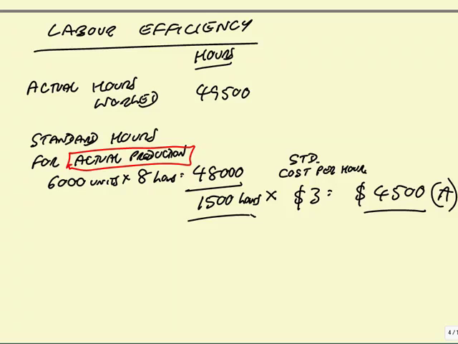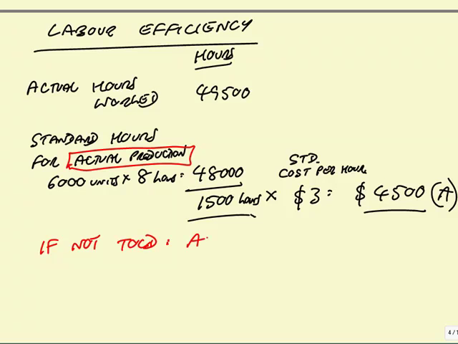Secondly, I have said before, and I think it's fairly obvious, quite often he doesn't tell you hours paid and hours worked. Quite often he might just say, there were 52,000 hours at $3.20, full stop. Well, if you're not told, you assume that hours paid equals hours worked. Obviously, read carefully, make sure you haven't missed something.